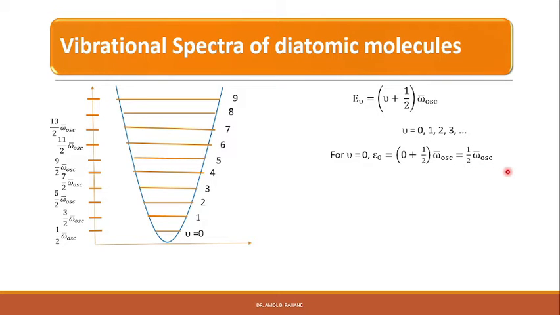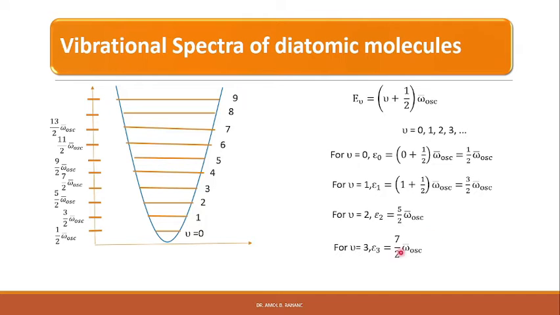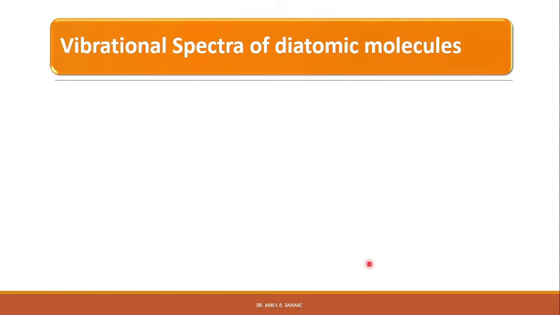That means the energy of the harmonic oscillator is not 0, but it has some energy. For nu is equal to 1, we get E1 is equal to 3/2 omega bar oscillations. For nu is equal to 2, E2 is equal to 5/2 omega bar oscillations, and for nu is equal to 3, E3 is equal to 7/2 omega bar oscillations. So, these are the vibrational energy levels of the diatomic molecule.